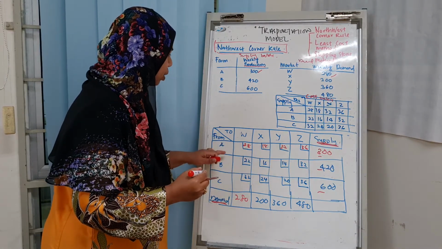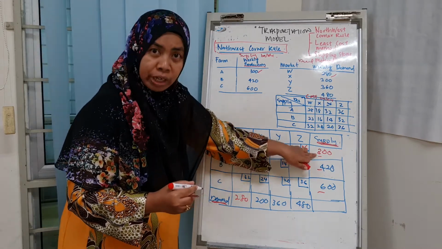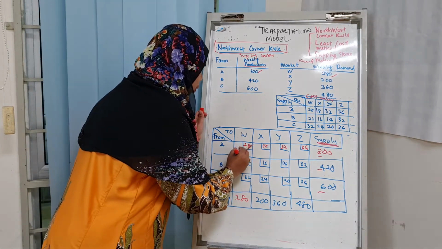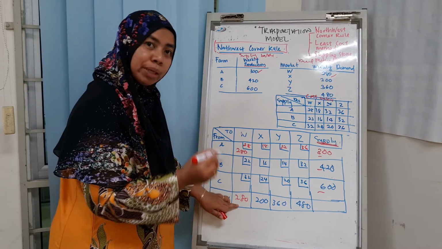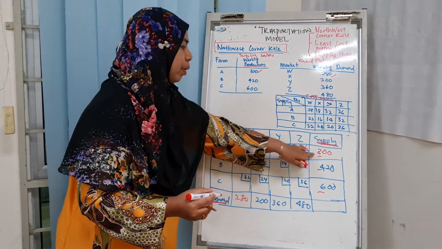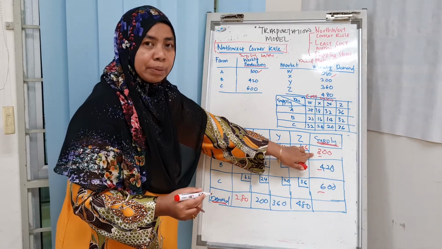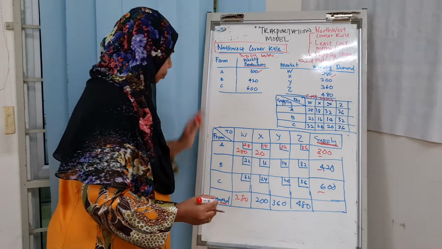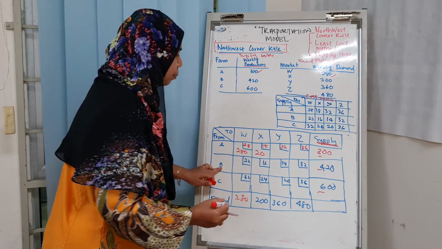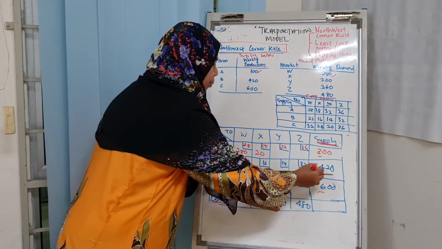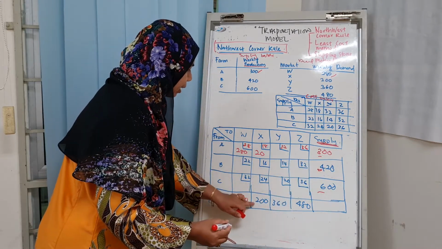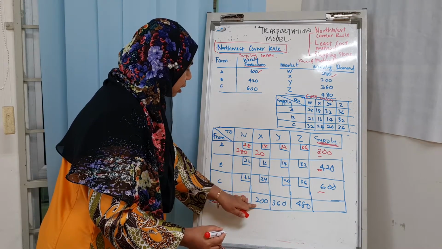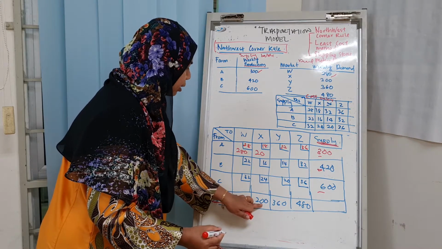Then when we use the northwest corner rule, we now have to put in the supply and demand. A can supply 300, but W only demands 280. So you put 280, it cannot be more than 280. But even so, A can supply 300, so the balance we put here is 20. Then B can supply 420, but X only demands 200.